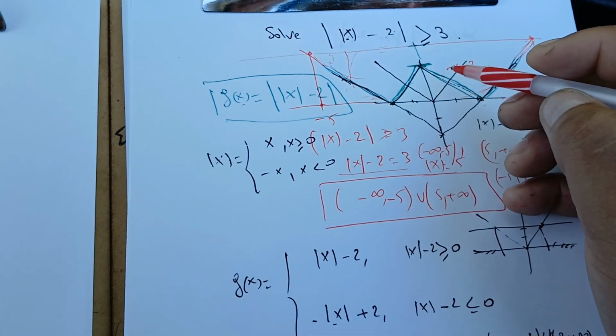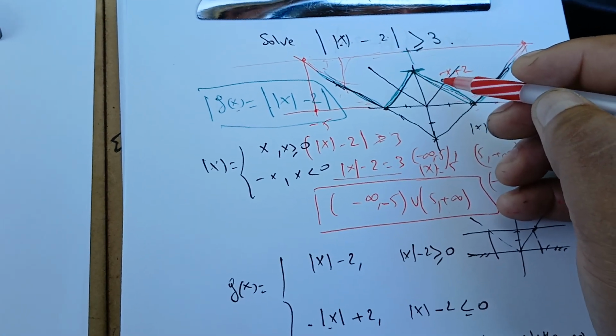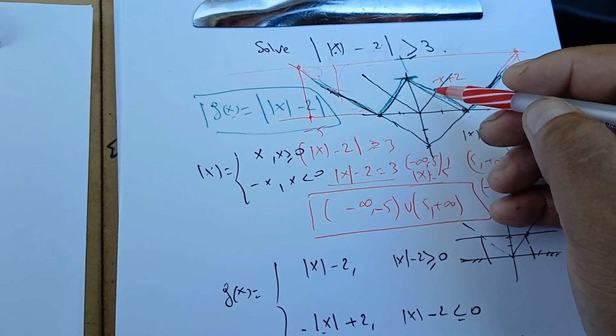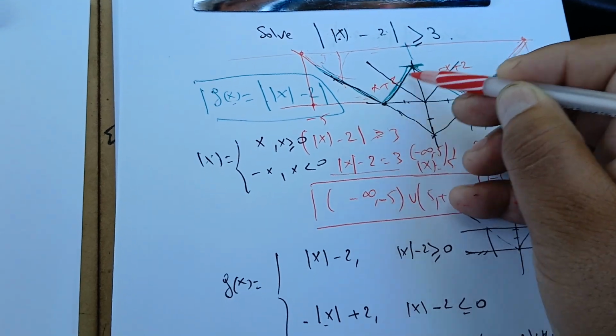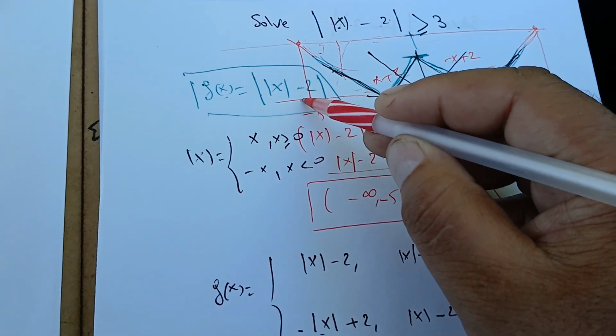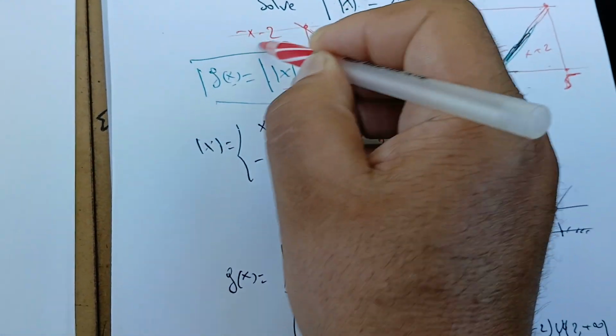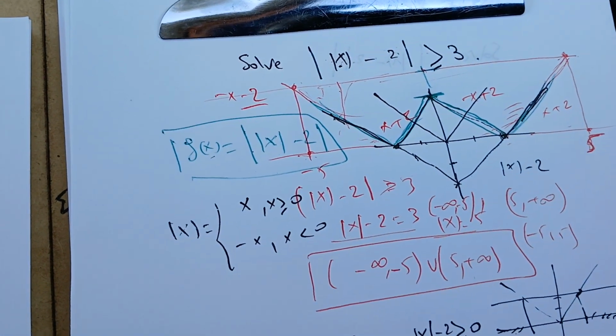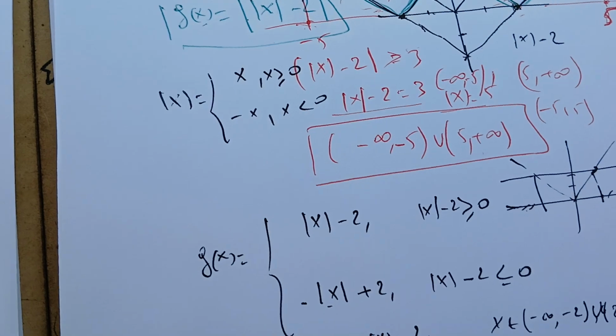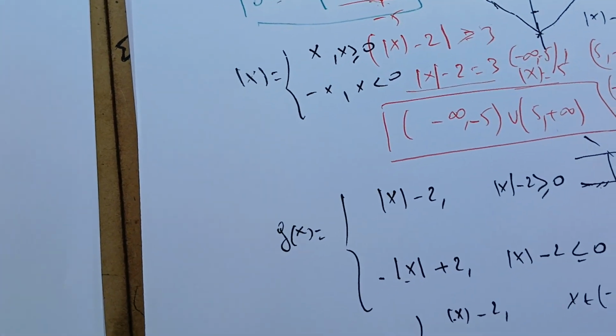When x is between minus 2 and 0, we get x plus 2. When x is in minus infinity, minus 2, we get minus x minus 2. And based on each of these intervals, we can start solving. Okay, so let me remove here. Okay, in this case, I have this one.